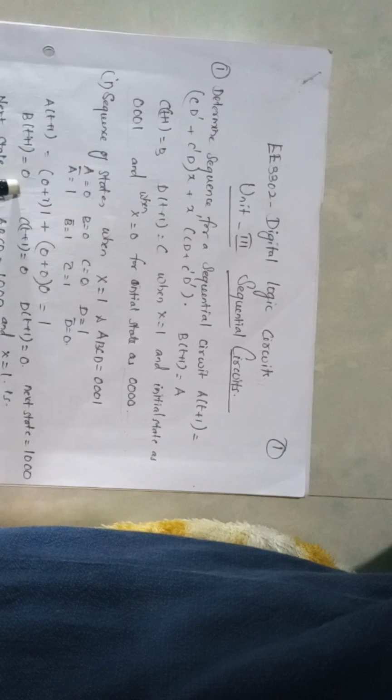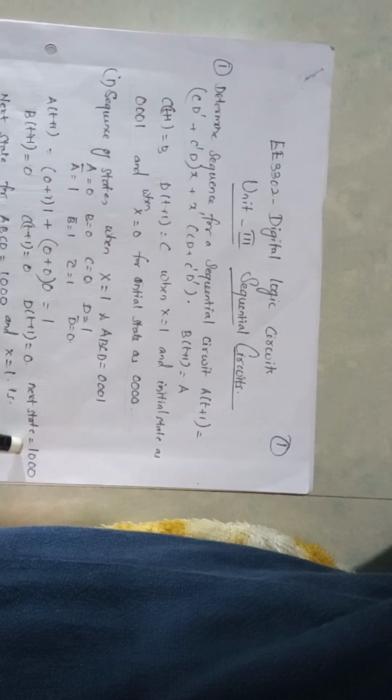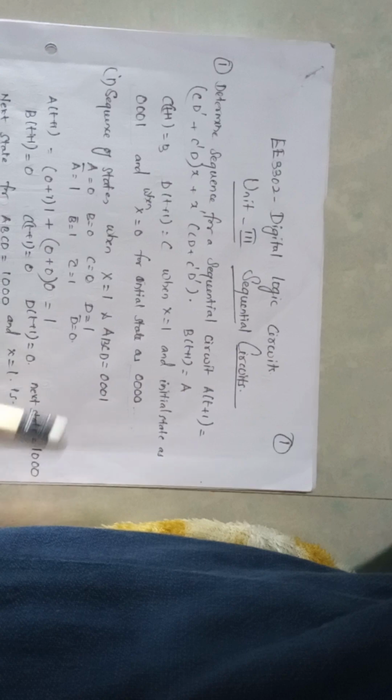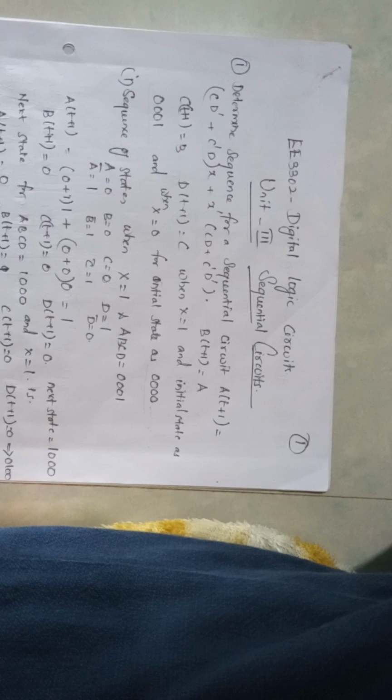Similarly, we find B(t+1) and frame the sequence ABCD. A is 1, B is 0, C is 0, D is 0. So the next state will be 1000. If the first state is 0001, the next state is 1000. In the same way we proceed and find the next states.